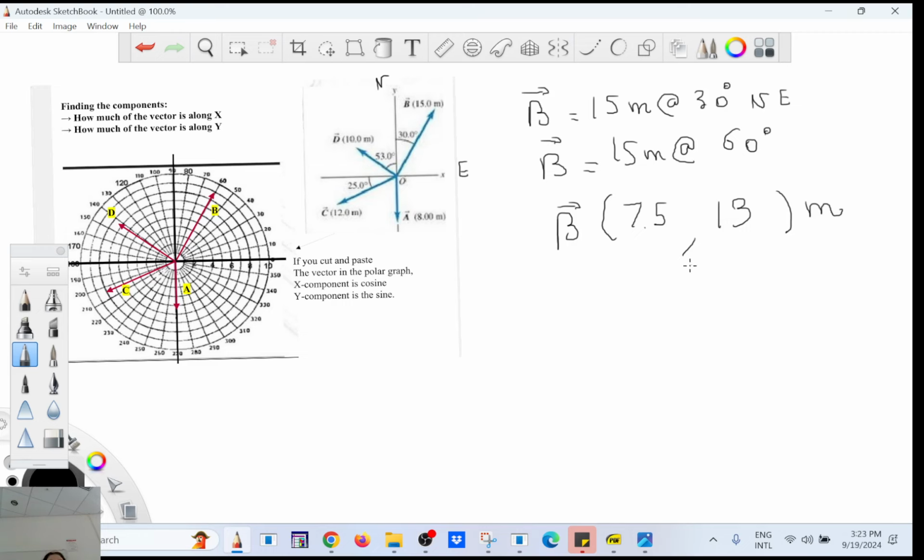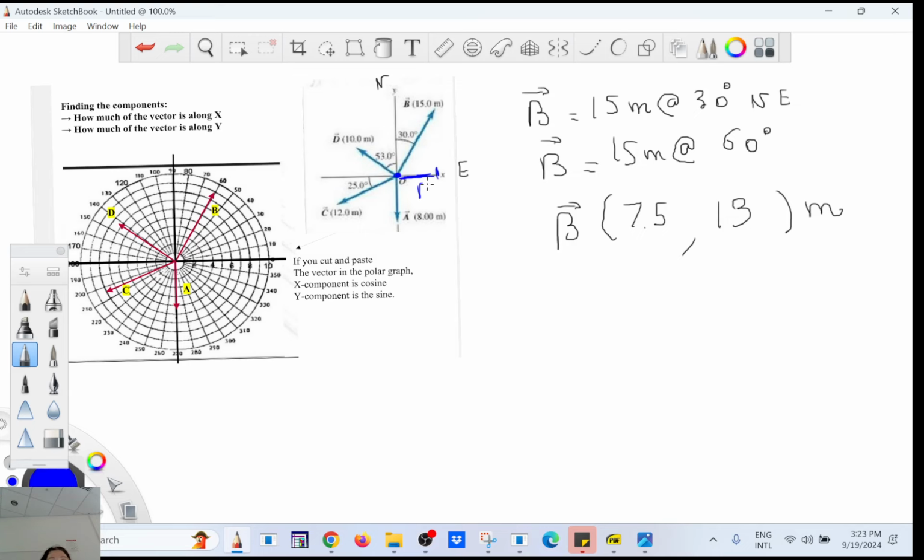So how do you trace that? You always start from the tail. So this is the tail, always attached to the origin, and this is the head. You go from the tail to the head. You're going to go sideways and then up and down, or up and down and sideways. So first I'm going sideways. Okay?